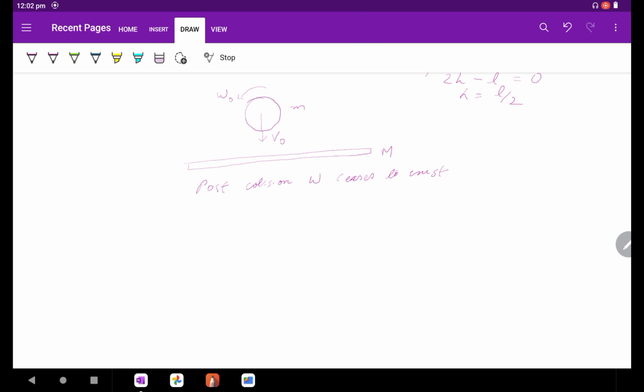Interesting question. Why? Because we can get dissuaded over here by what a routine question asks, which is there is a plank, there is a sphere that is rotated, with velocity v, and then they ask to find what will be v of this sphere post collision.